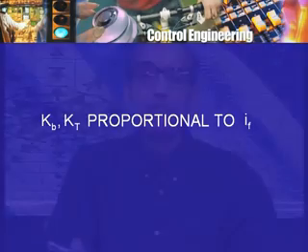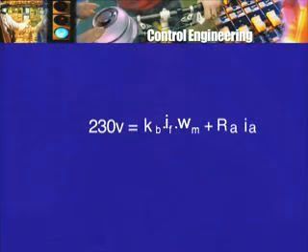So instead of KB into omega, I can write it as another coefficient into field current into omega. So I will write 230 equal to small kb into IF into omega m, that is the back EMF term, plus RA into IA, that is the armature drop.